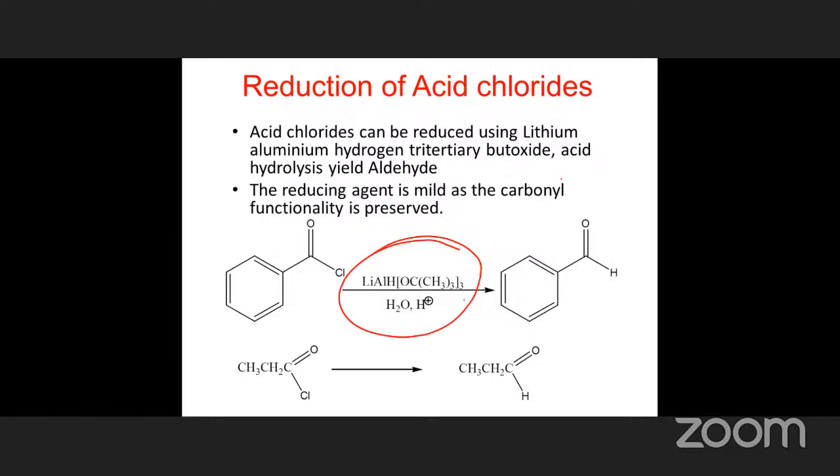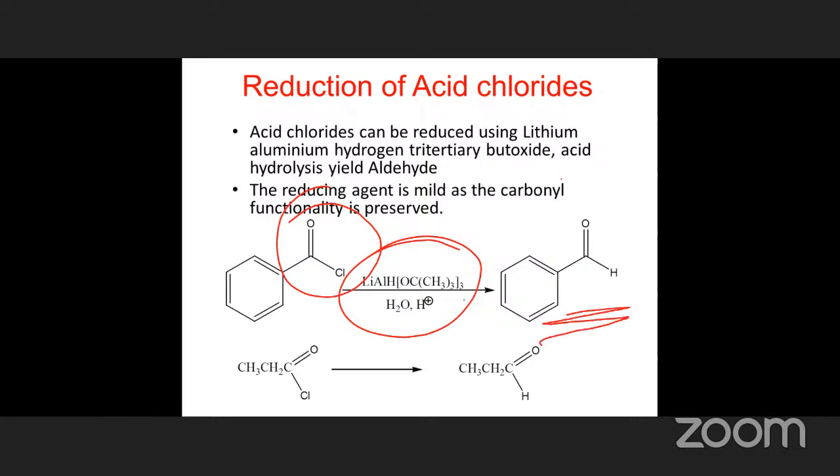Here now is an acid chloride, an aromatic acid chloride. In this example, the R is a benzene ring, which is aromatic. You can also have it being alicyclic or aliphatic. So when you use lithium aluminum hydride on this benzoyl chloride, you are going to get an aldehyde.